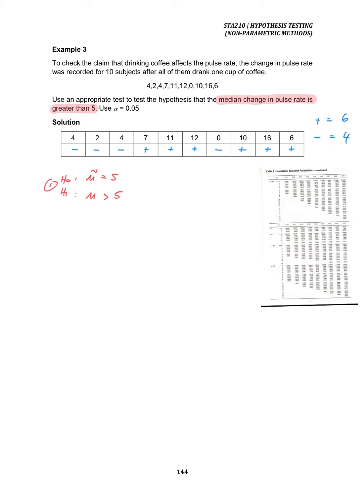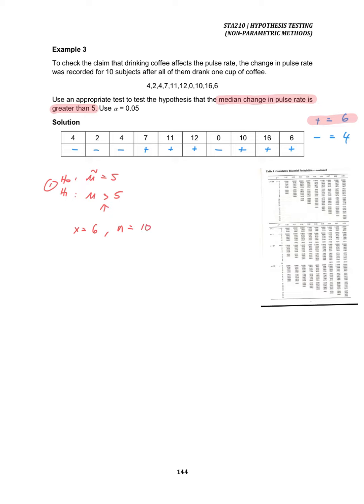Okay, tapi kita tengok balik. Since we are dealing with H1 kita mu greater than 5, so apa yang kita nak observe adalah we should focus on plus sign lah. Okay, so our plus sign is greater than equals to 6. So meaning that X kita adalah plus sign kita 6. And kita ada 2, 4, 6, 10.